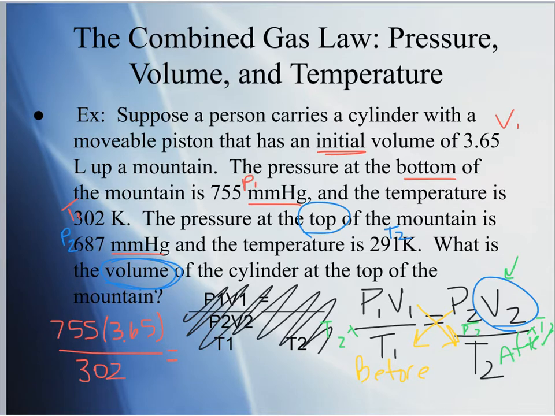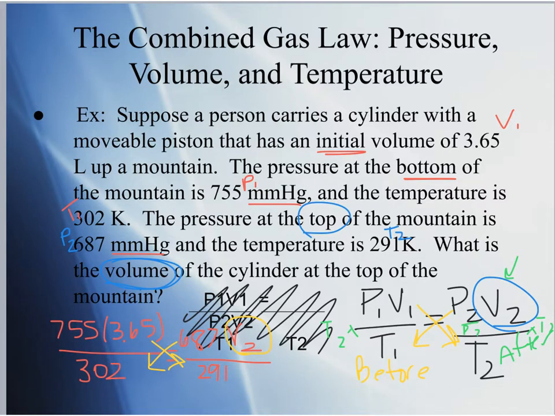So we have our P2, 687, right? We're solving for V2, so that's our variable. And then we have our T2, the temperature at the top of the mountain, 291 Kelvin, okay? All right, so we're going to go ahead and cross multiply or solve for V2.